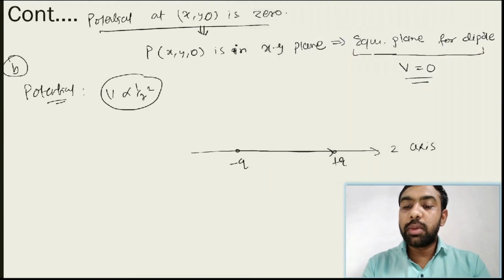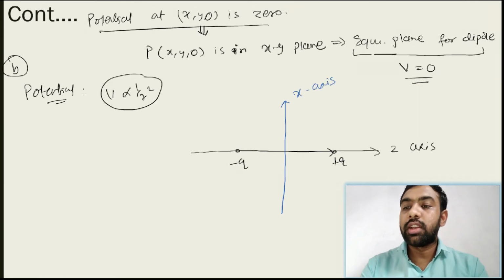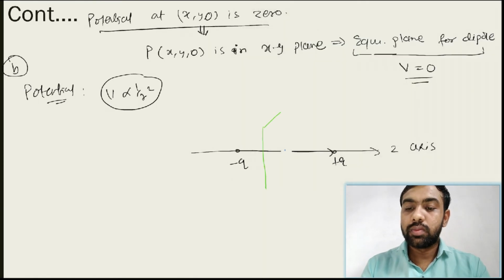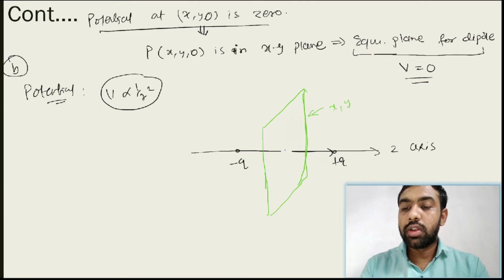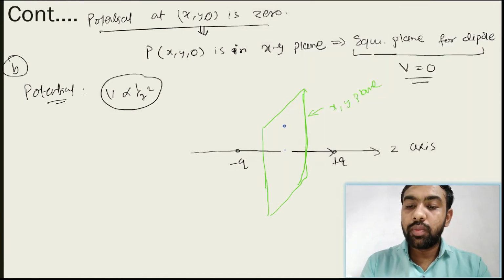So the x axis is perpendicular to this one. Consider this is the xy plane. So somewhere here is the point 500 and somewhere here is the point minus 700.